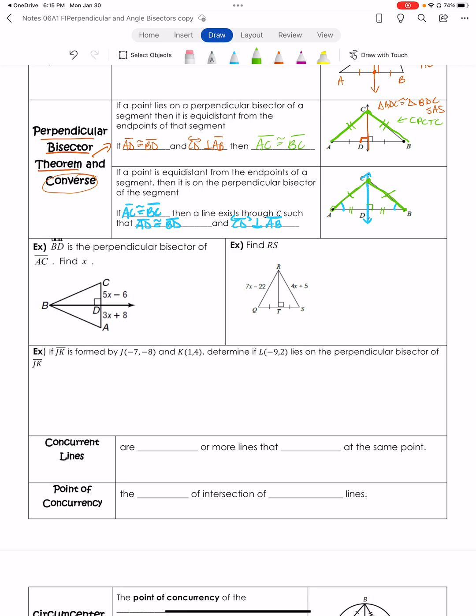If BD is the perpendicular bisector of AC, then I know this 5x minus 6 must be equal to 3x plus 8. So x must be equal to 7.